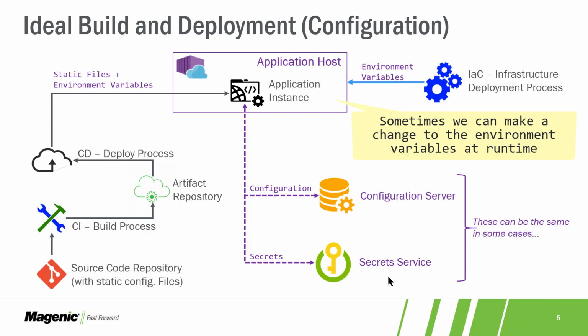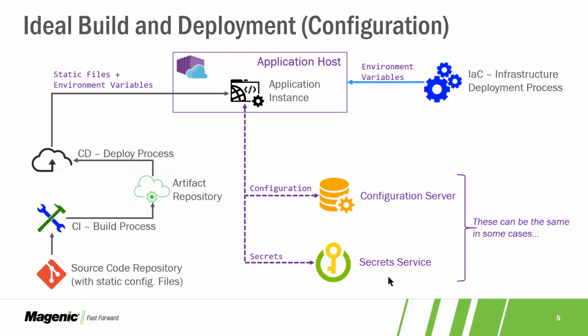the outside. So when your application instance starts on the application host, it reads the static files and environment variables in which, hopefully, it has gotten the information it requires to find the configuration server and then the secret server and complete its configuration.